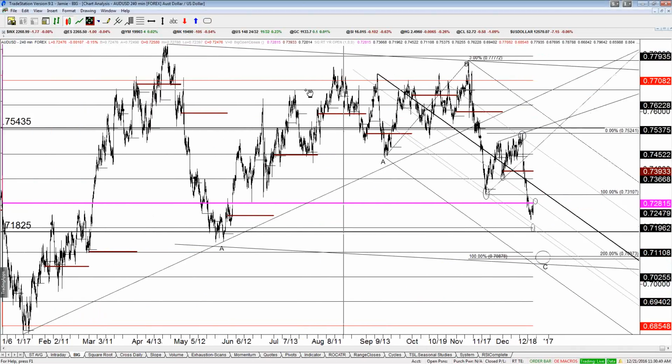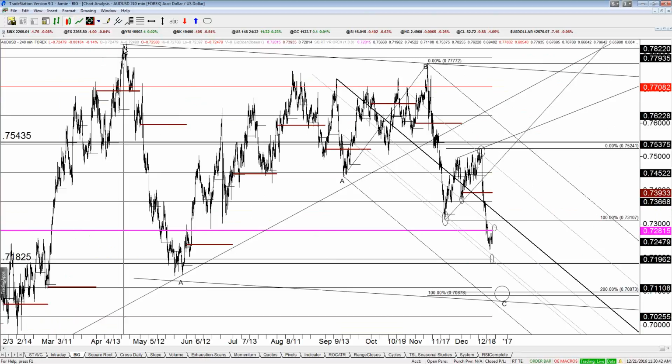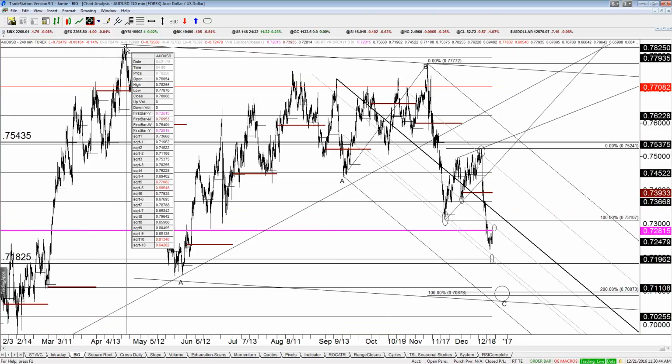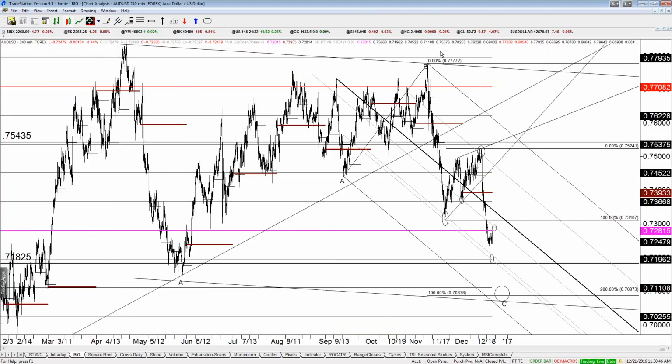Two legs down. I know this is messy, but two legs down from the high in April, ABC, two legs down is 70.88. The flag extension pattern is 70.97. There is so much stuff. It's 70.80 to 70.90, and it's not far away. I think it goes there.